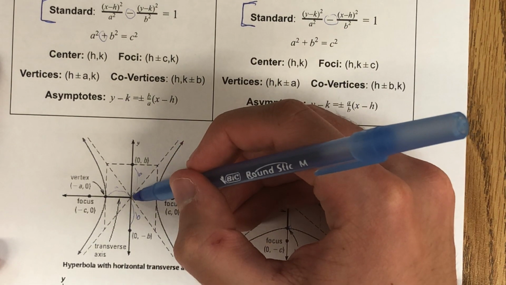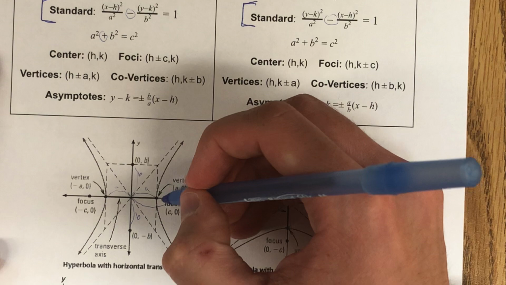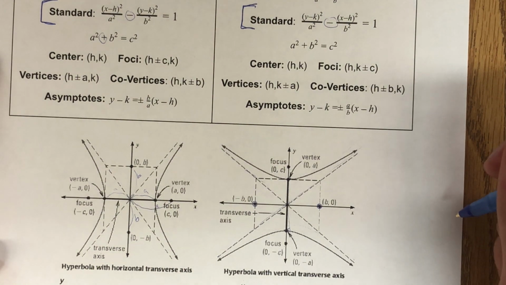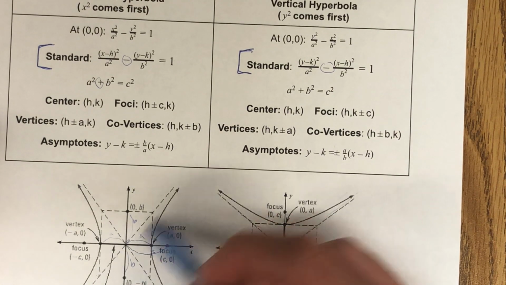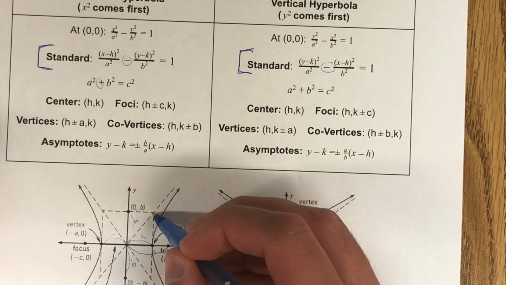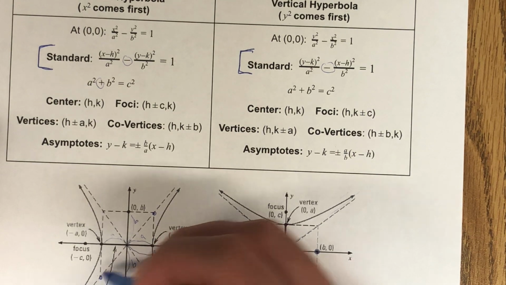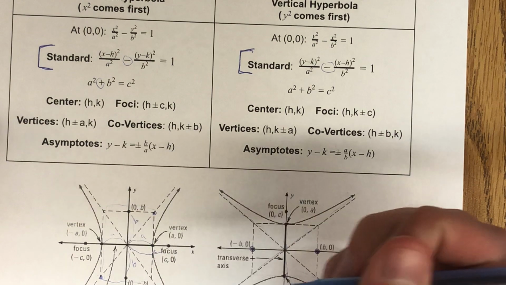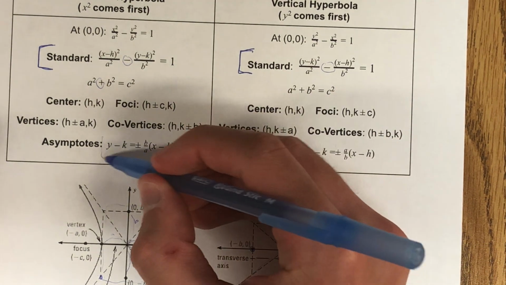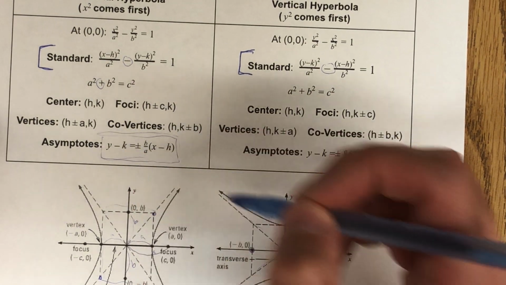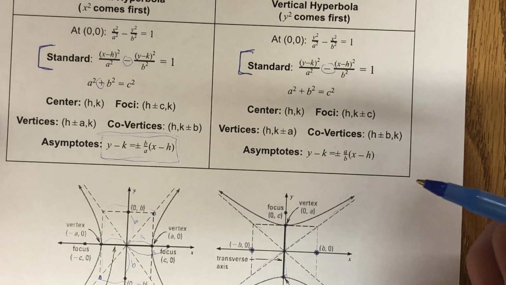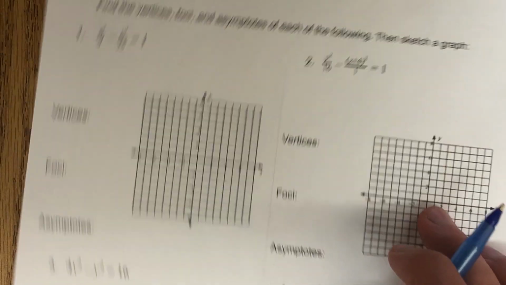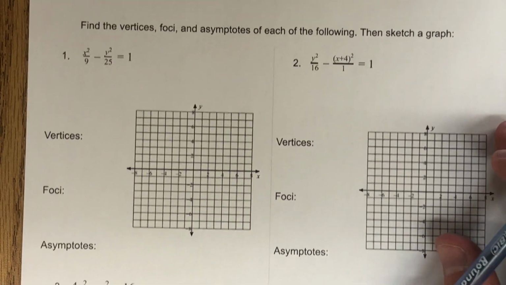And c represents the distance from your center to a focus, or foci as plural. The way we write our asymptotes is by using these points here, the corners of this box created by your a and b values. We have a formula for that, using the center and such, but there may be ways we can figure it out more visually. So let's look at some graphing problems to start, and then we can go from there.